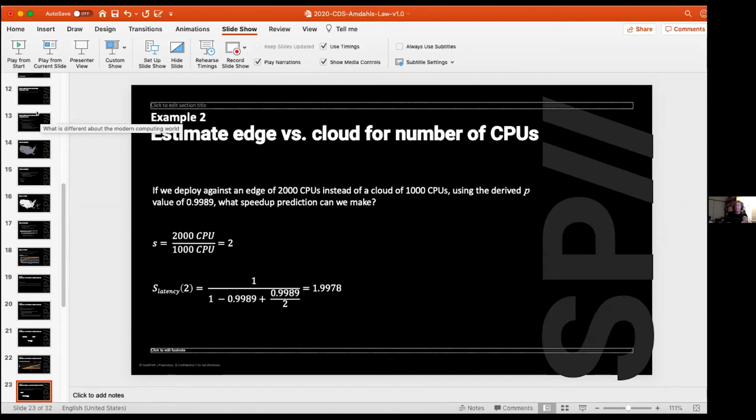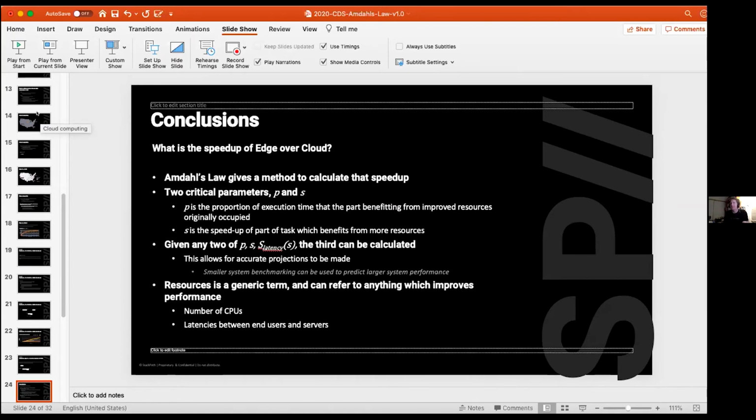We figured out that we could get a good value for little s, again from the experiment, and that drove our calculable speed up, which lets us say that small systems benchmarking can apply to this particular model, which will derive what our actual projected speed up is going to be.